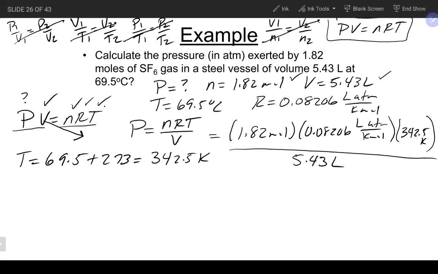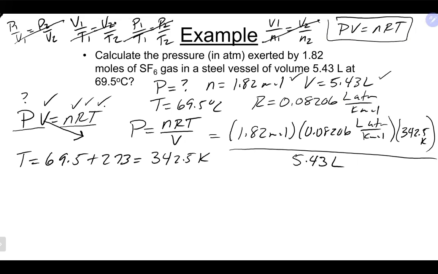In terms of the units, the liters on the bottom cancel the liters in the gas constant. The mole on top cancels the mole in the gas constant. The Kelvin on top cancels the Kelvin in the gas constant. That leaves atmospheres as the only unit left, which is good because that is a pressure, and that is what we're looking for.